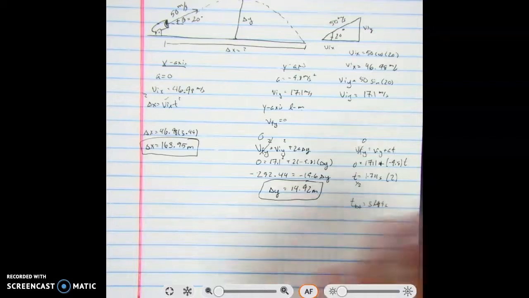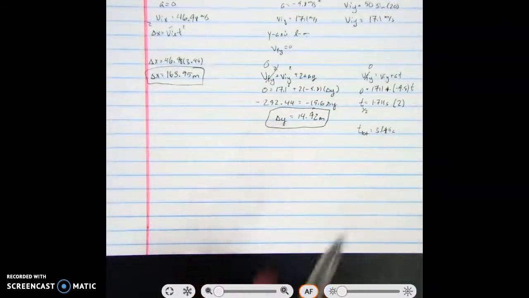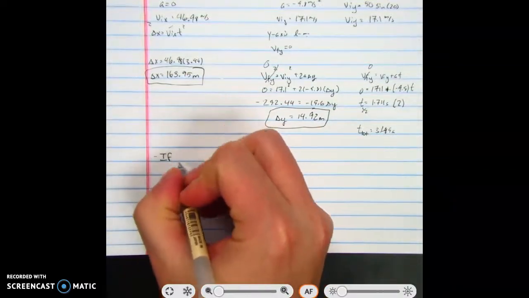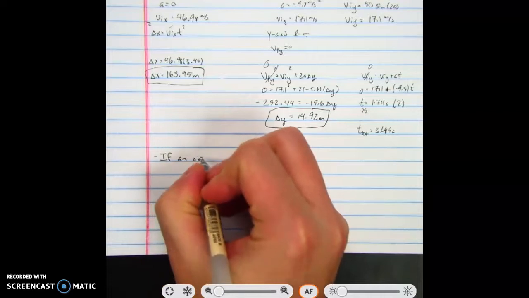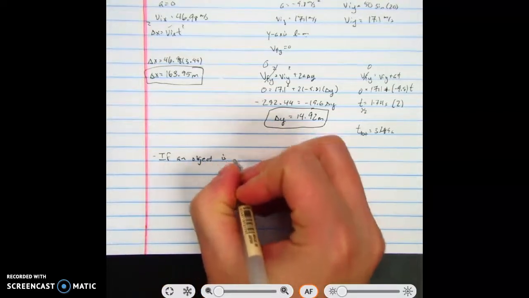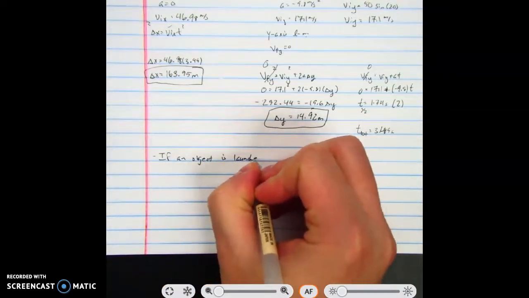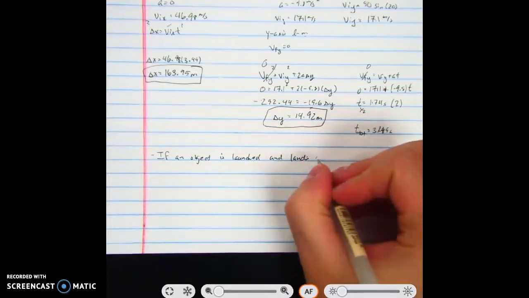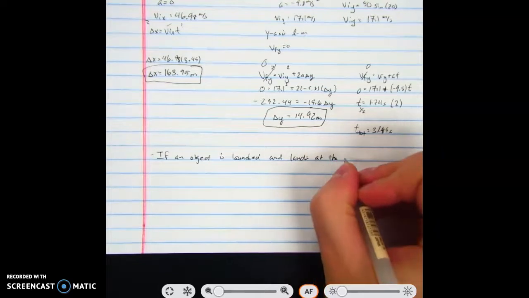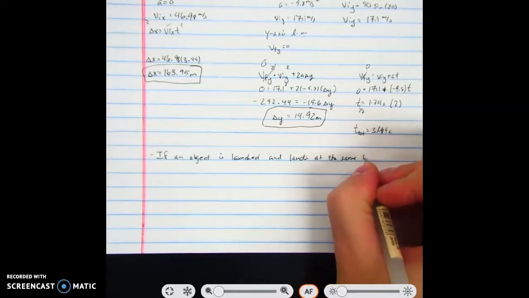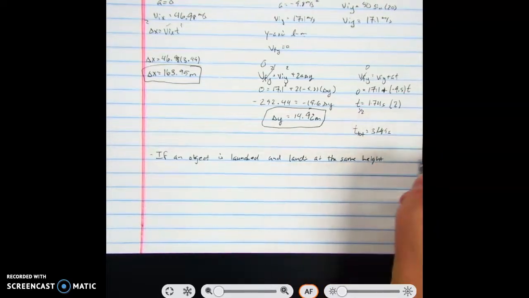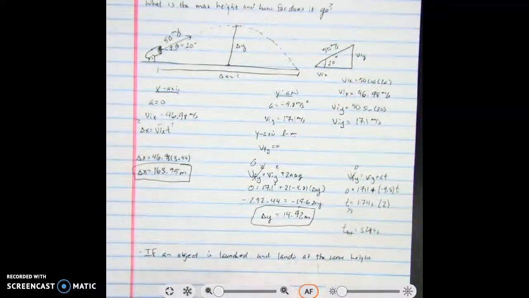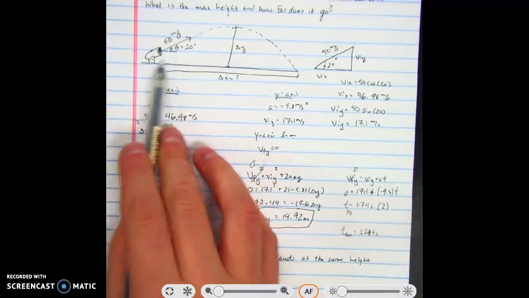Okay? This part is really, really important that we don't mess this up. If an object is launched and lands at the same height. So in this case, I understand this is not at ground level.